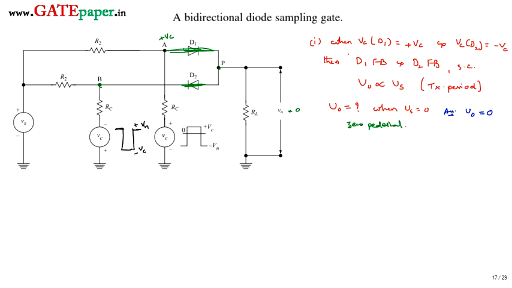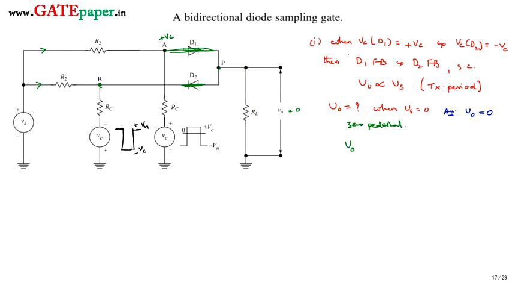Now that implies that if Vs is applied, then that Vs is going to pass through D1 as well as D2. In both ways, Vs is going to be connecting to V0.